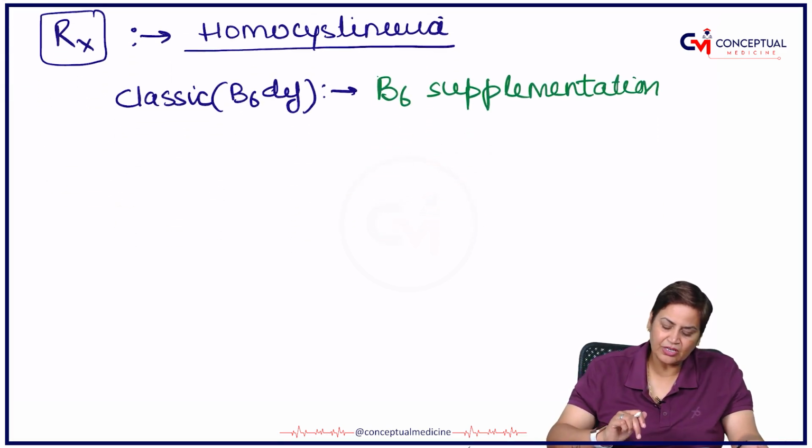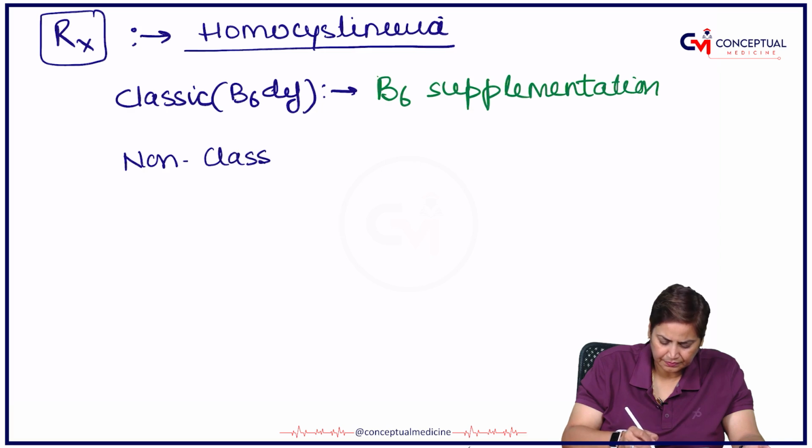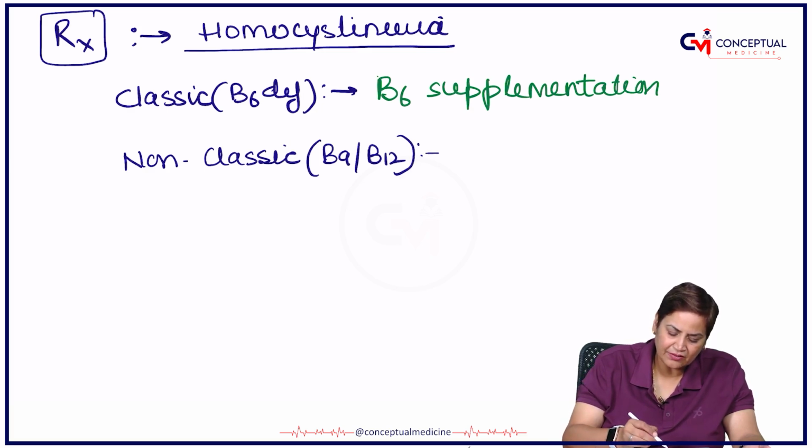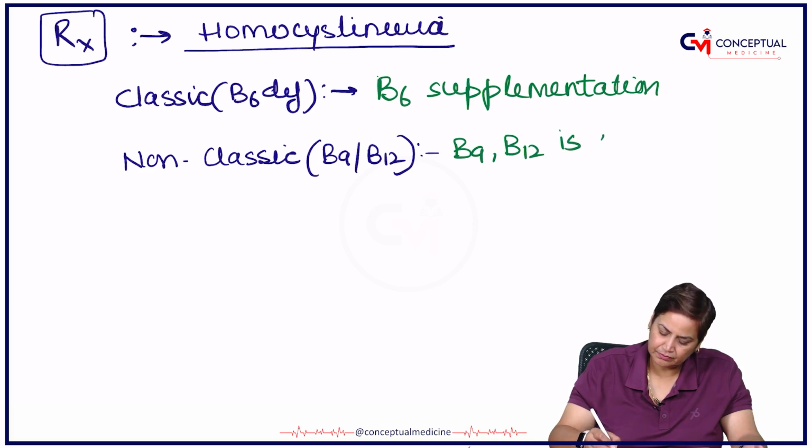And then another treatment is, if we talk about non-classic, it is either due to B9 or B12 deficiency. So depending upon this, whatever is absent, supplementation of B9 or B12 is given.